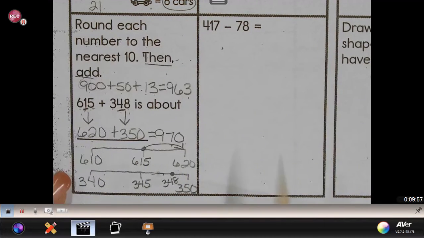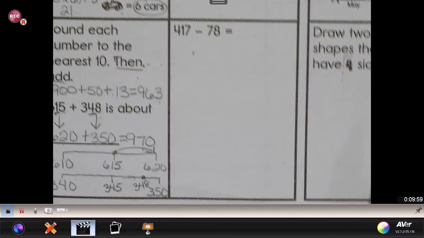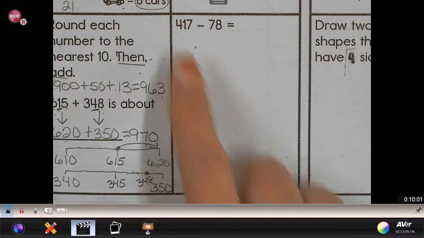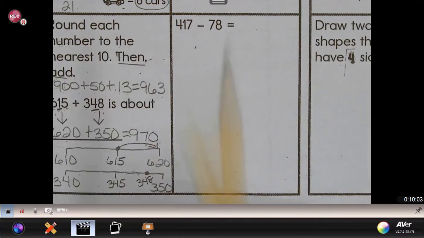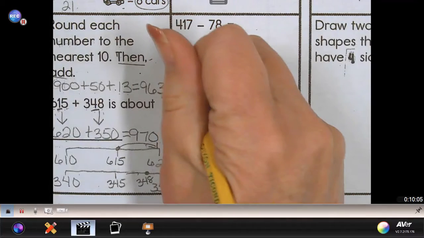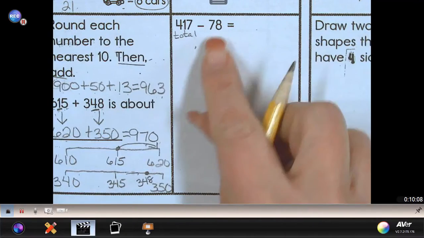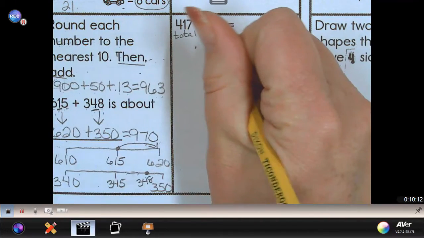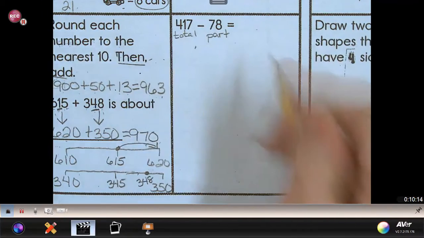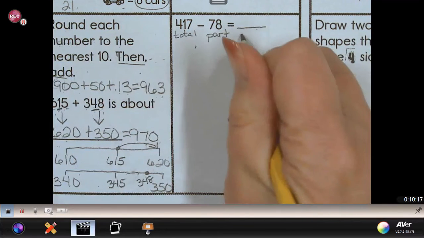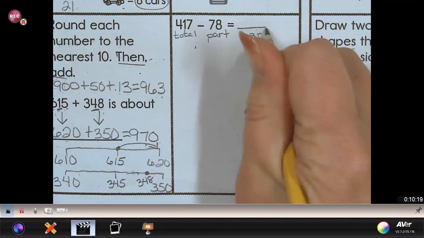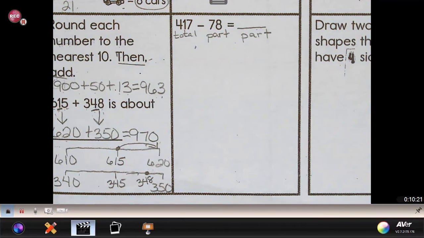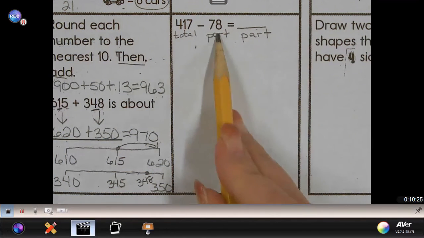Now we're going to take a look at our subtraction problem. We have 417, that's our total. We have 78, which is part of this total. It's inside of the 417. We are looking for my difference, or the missing part that's left, or the part that's remaining after I subtract the 78.